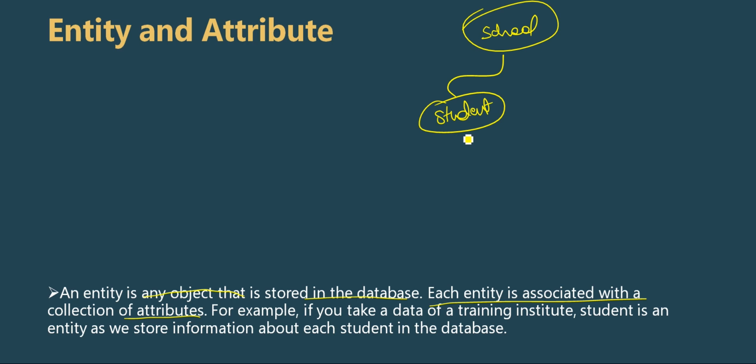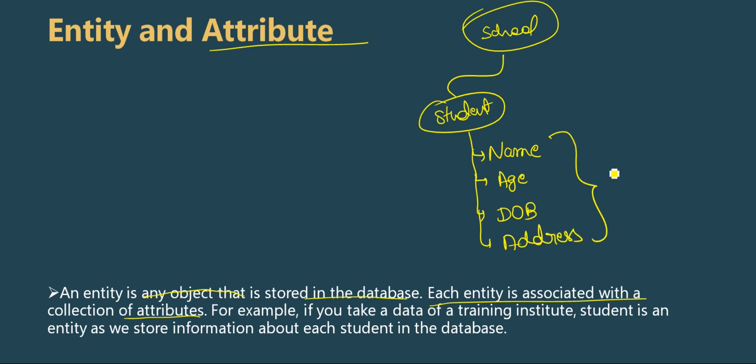Now, this entity has many properties, and those properties are termed as attributes. For a student table, we see the details: his or her name, the age of the student, the DOB, the address, and so on. So these will be termed as attributes.